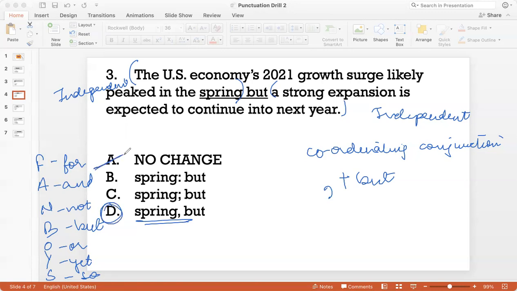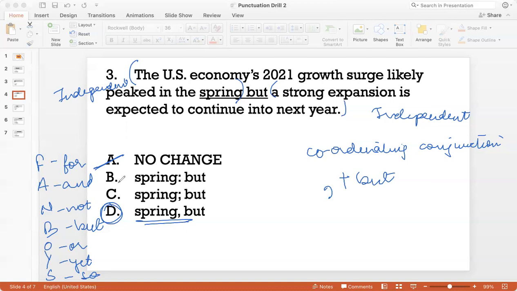So A, as we discussed, is not correct. A colon here doesn't make sense because the second part is in contrast to the first part. It is not explaining the first part, and a colon is used to provide explanation or detail.